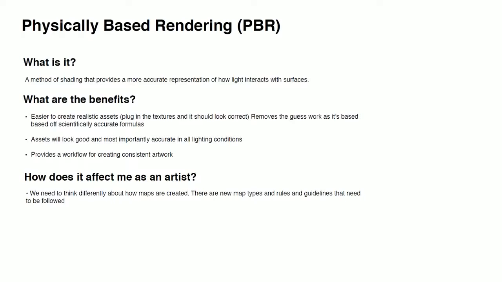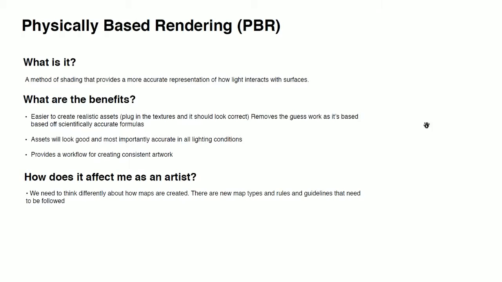It just depends. I remember when I was first learning this workflow, it was kind of difficult for me because I was so used to making specular maps, with reflectivity and specular being two separate things. It was difficult to think about this new map mindset. So there are new map types for us to think about, and some rules and guidelines that we'll need to follow.